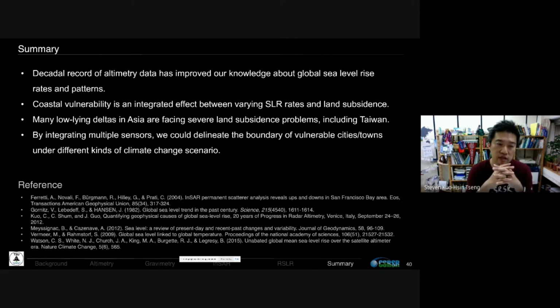Coastal vulnerability is also a buzzword. We want to know what the coastal hazard is, what the sedimentation is, what the erosion is, what the storm surge height is, and so on. So when we talk about this issue, we need to consider the relative change between the land and the sea level.